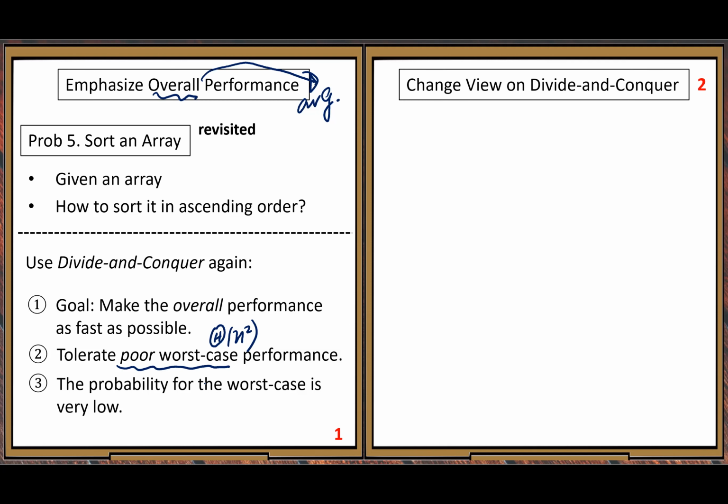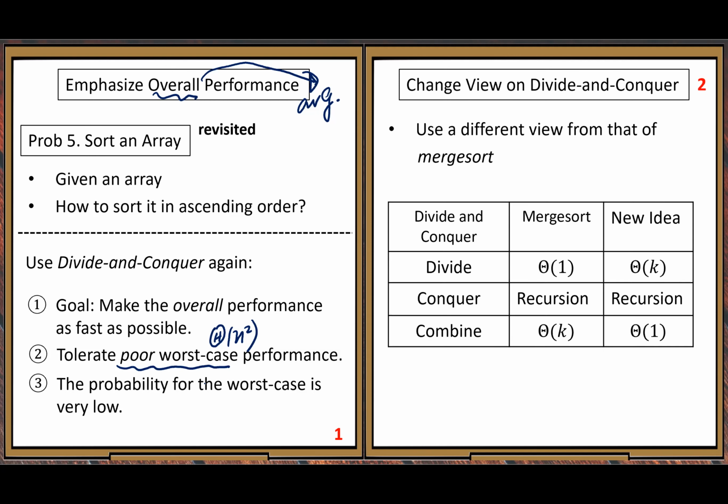Now, let's change our view on divide and conquer. We need to bring back our merge sort, and we want to do a comparison here. So let's do the chart here. You can see we compare merge sort and the new idea, this new idea we refer to as quicksort.